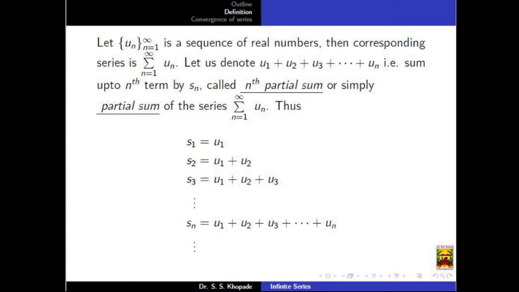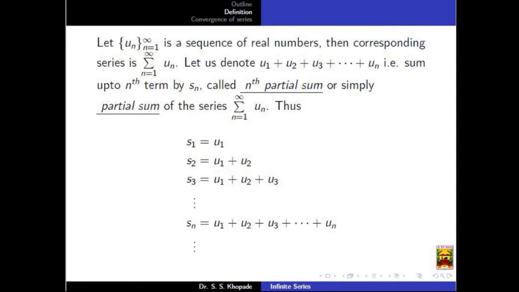In general, we take n terms at a time, u1 plus u2 plus up to un, and call this sum the nth partial sum, or simply the partial sum of the series. These partial sums again form a new sequence whose terms are S1, S2, S3 and so on up to Sn.